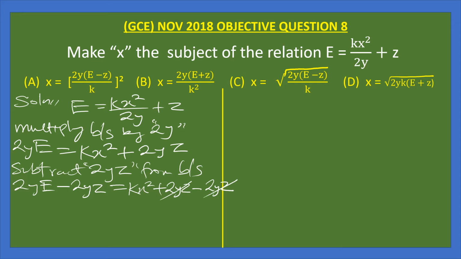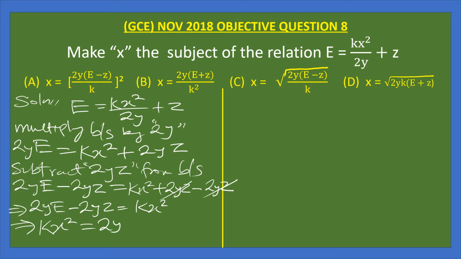This 2yz will give way. You now have 2yE minus 2yz is equal to kx squared. Remember, our intention is to make x stand alone. So this equation can also be rewritten as kx squared is equal to 2yE minus 2yz.